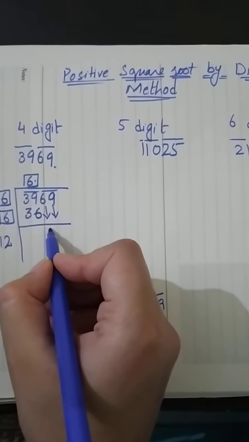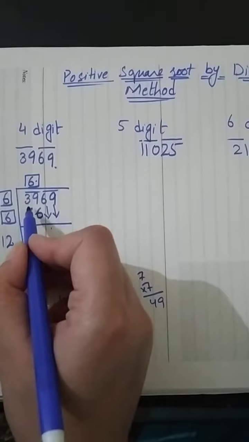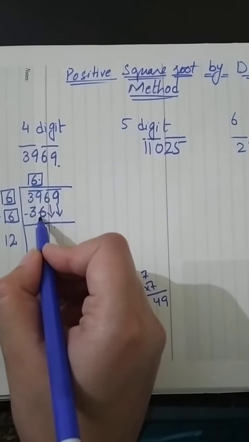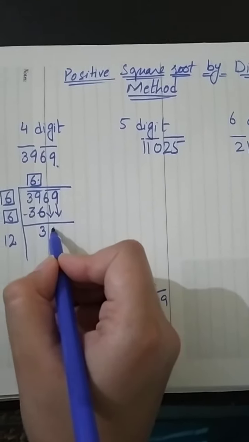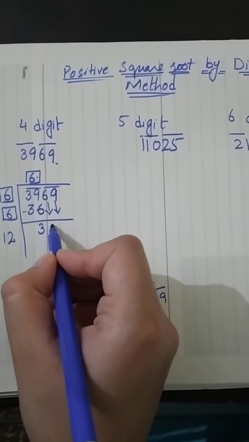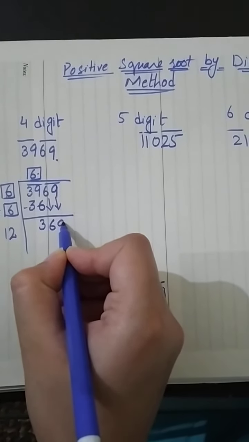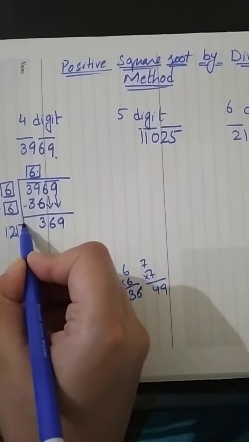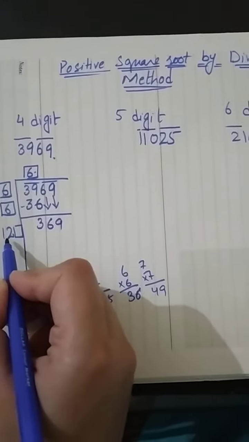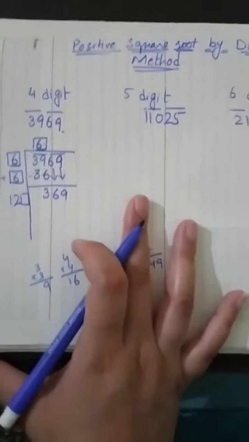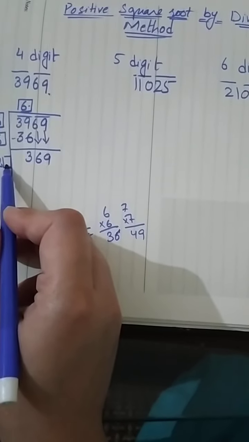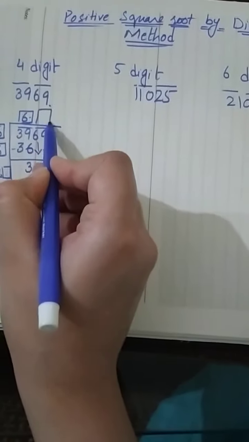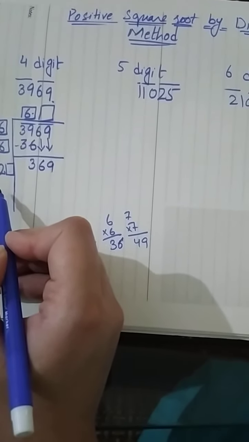First subtract 39 minus 36, you get 3, and move the next pair down. Now you have to put a digit here. Whatever number you multiply with 12, you have to write it here as well.